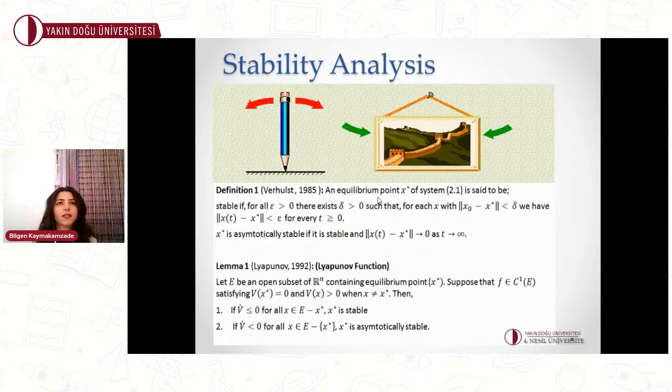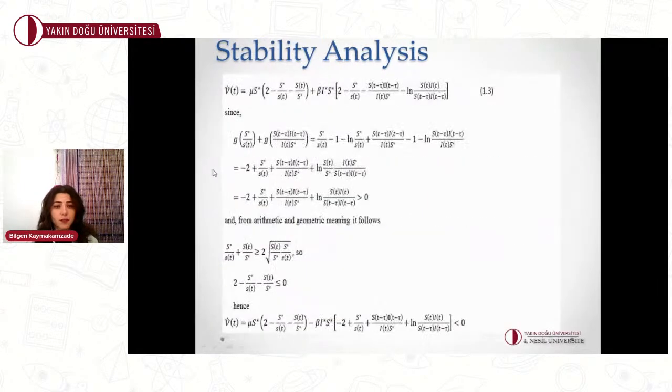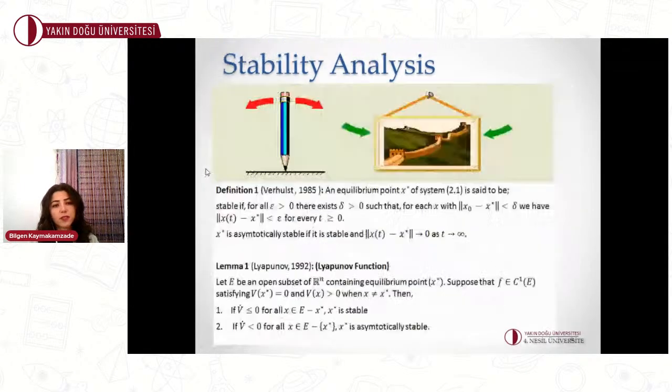If we can say that our equilibrium points are stable, then, using this modeling, we can talk about the number of infected persons, the number of susceptible persons, and so on.